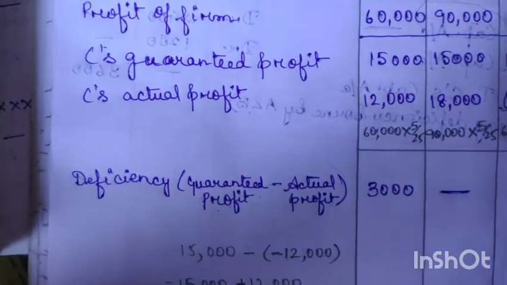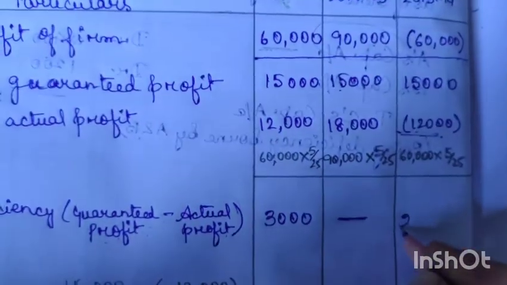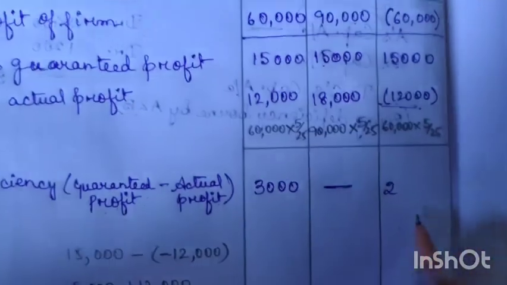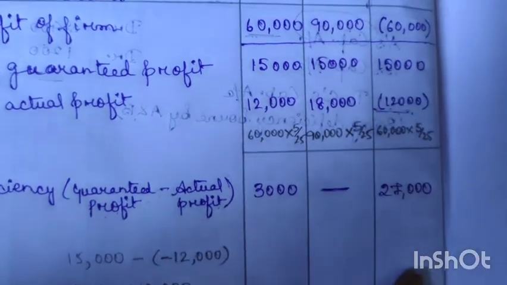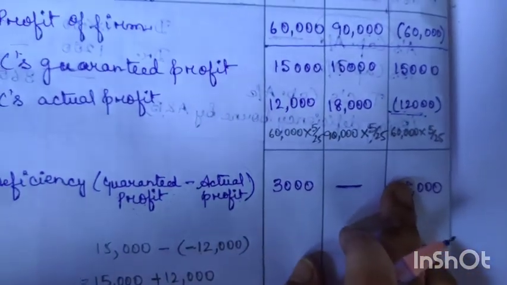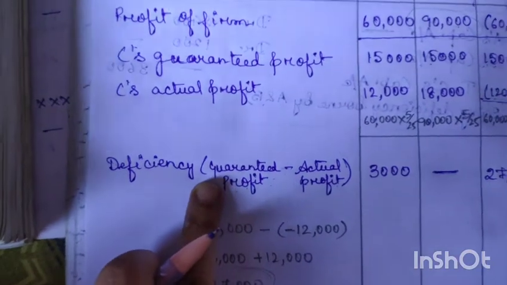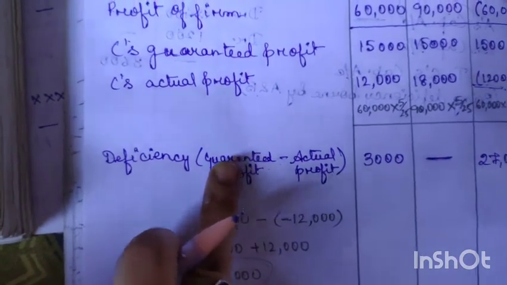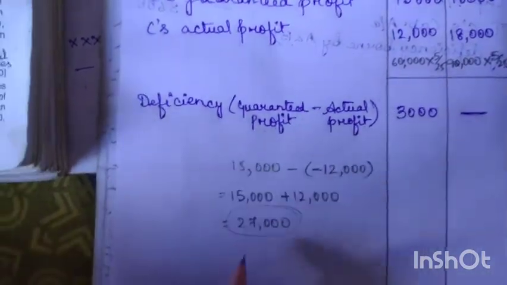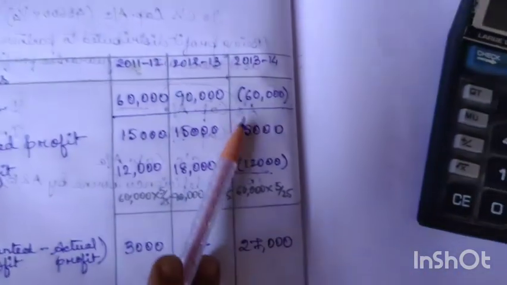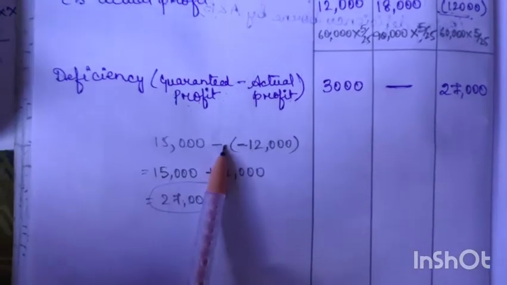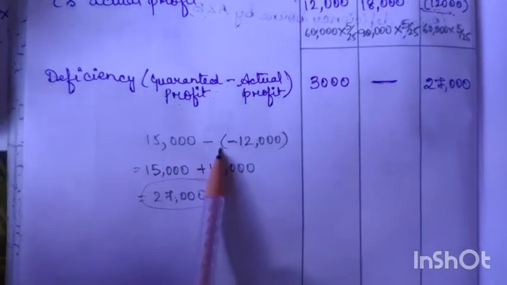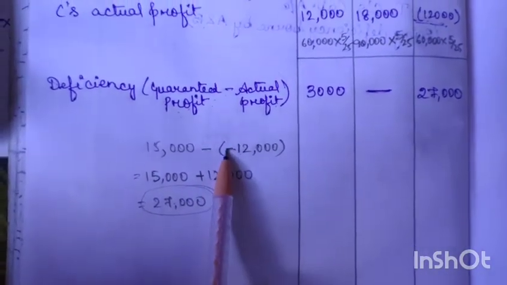So here we will write, in the year 2013 to 14, 27,000. I hope this calculation is clear. For calculating deficiency, the formula is guaranteed profit minus actual profit. Here guaranteed profit for 2013 to 14 was 15,000, and now minus according to the formula. Why have we written this minus?